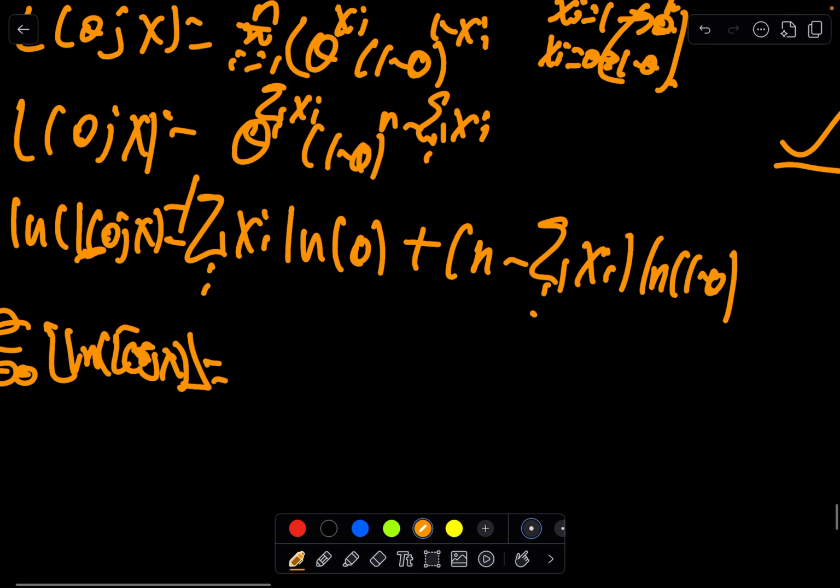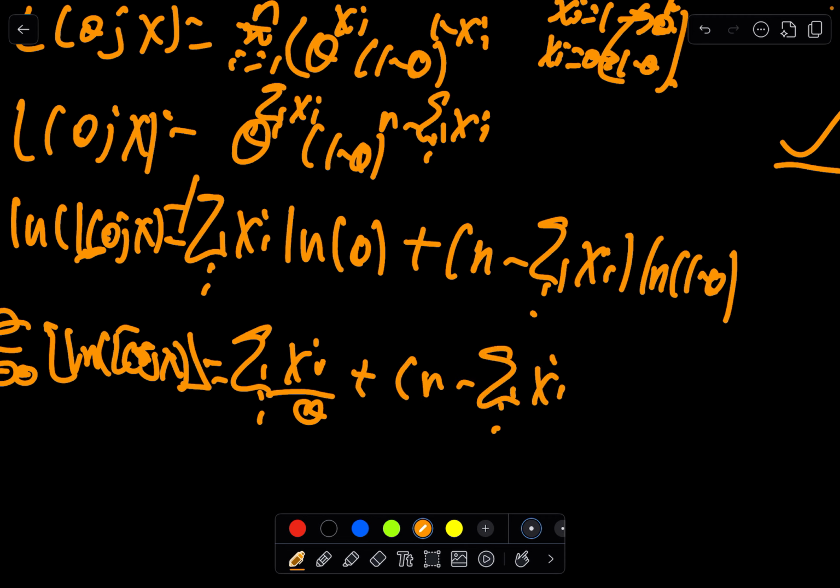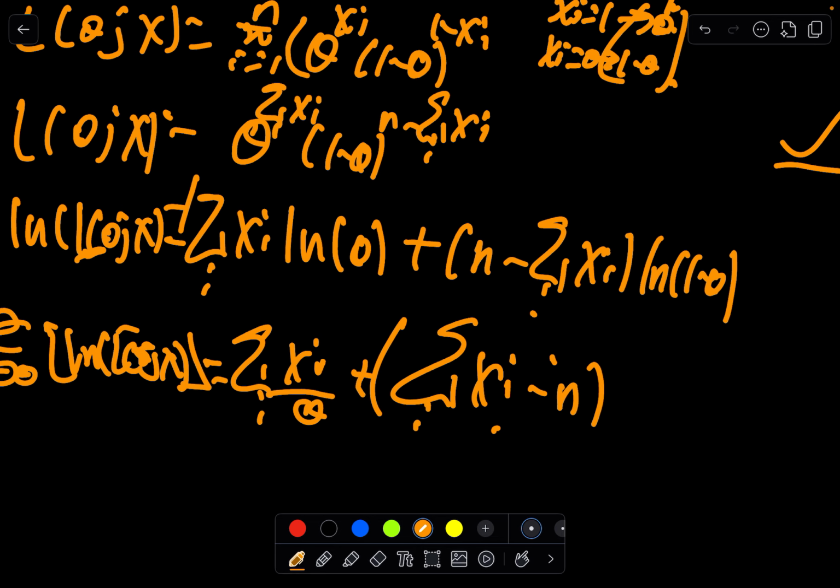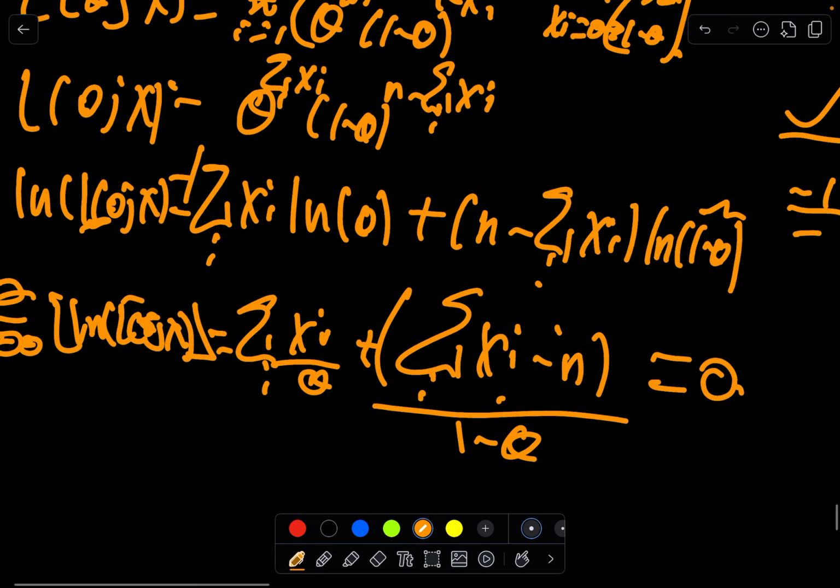This will be the sum of x_i over theta, plus n minus the sum of x_i, with the chain rule, times the derivative of the inside, which is negative 1, over 1 minus theta. We'll set this equal to 0.